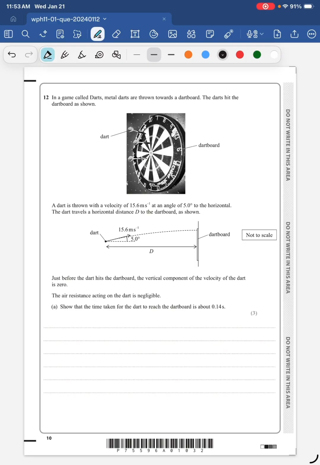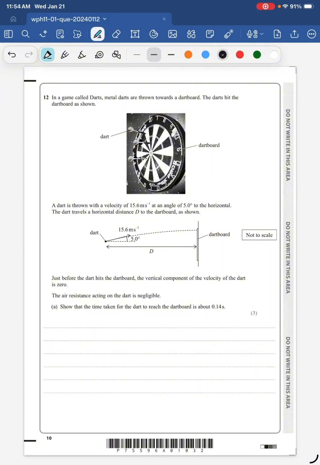Just before the dart hits the dartboard, the vertical component of the velocity of the dart is 0. The air resistance acting on the dart is negligible. Show that the time taken for the dart to reach the dartboard is about 0.14 seconds.